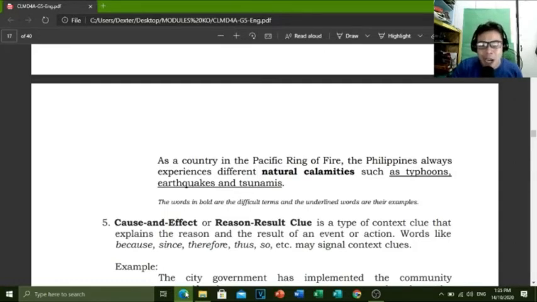And then, what are the examples given for this unfamiliar word, natural calamities? Let's look at the examples. Typhoons, earthquakes, and tsunamis. Therefore, these three examples give you an idea what is meant by natural calamities. So, through these examples, as a reader, you are given the meaning of natural calamities. Did you get it? Alright.